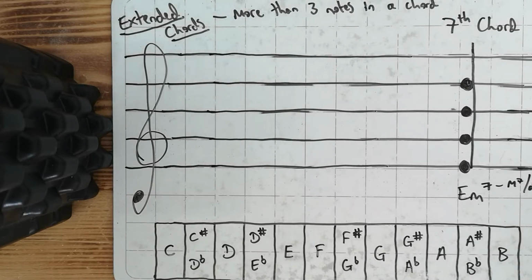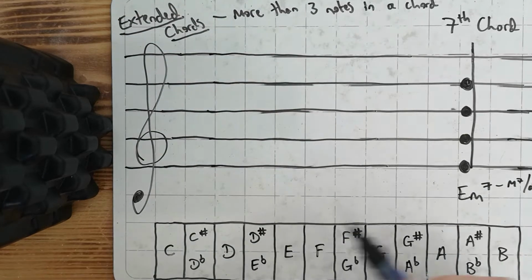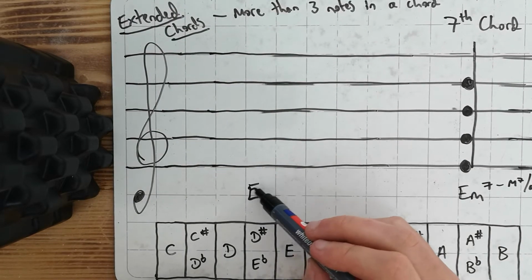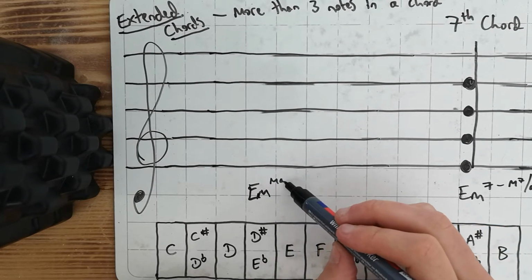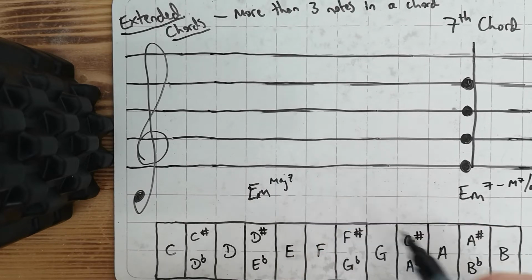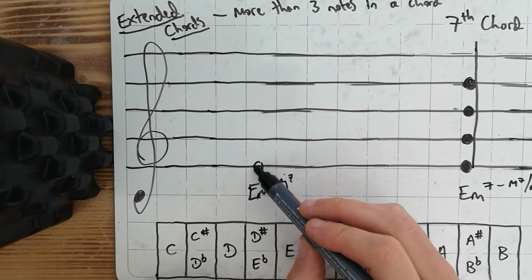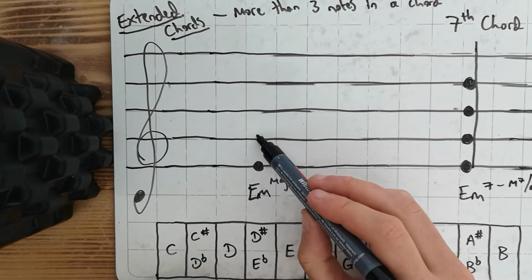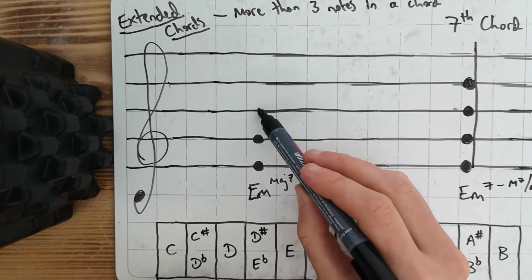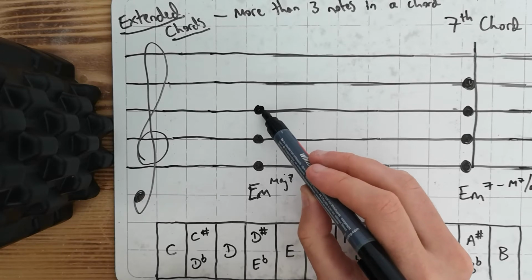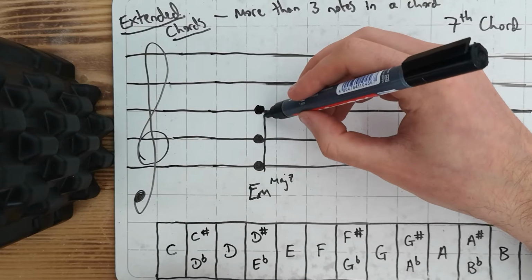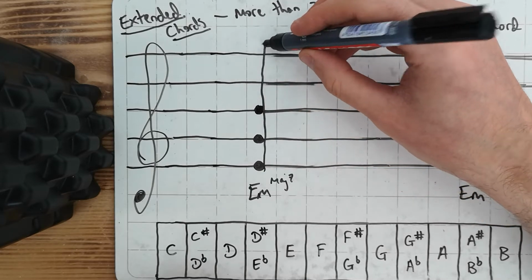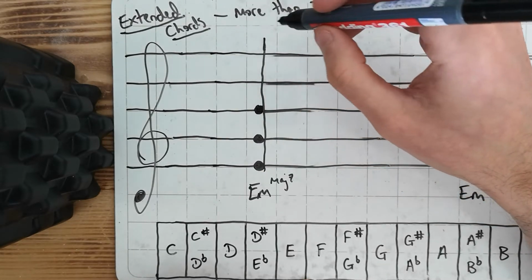But I could get a major 7th chord. This is a bit weird sounding, an E minor major 7th. That would be my normal E minor chord, E, G, and B. Now this is where we get back into intervals again.